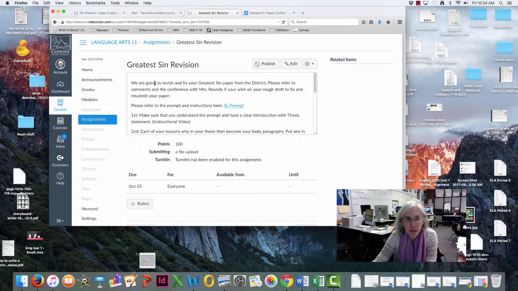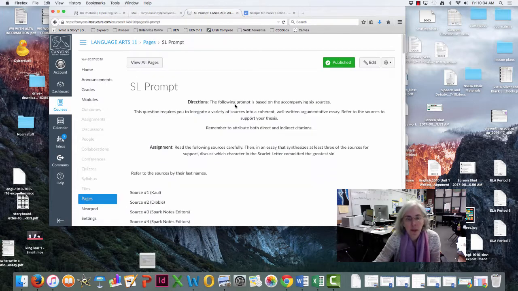and here are your prompts, and here is the page to refer to for the prompt. The biggest problem that I found in almost all of the papers, about 80 to 90% of them, was that we did not fully understand what they were asking us to do.